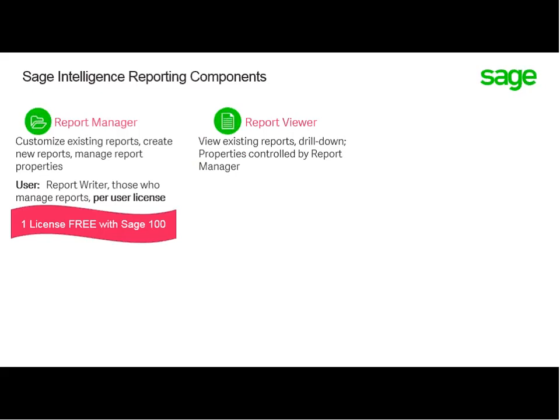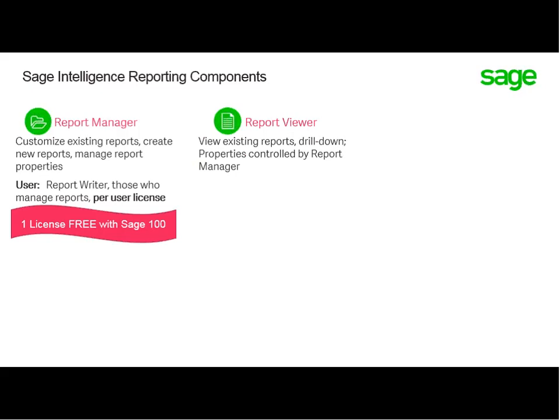But the good news is they can drill down. That means if they drill down into transactional information, they can see all of that supporting data. So think of your financial accounts, your financial information in your financial reports. If you own the Report Viewer, you can drill down into that transaction level.